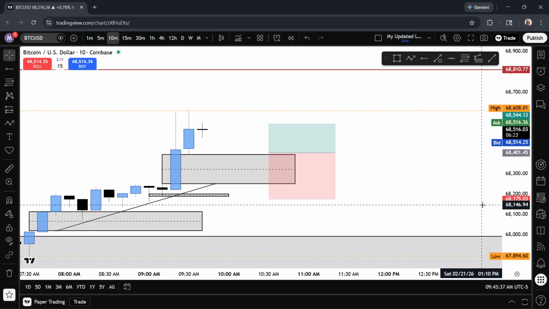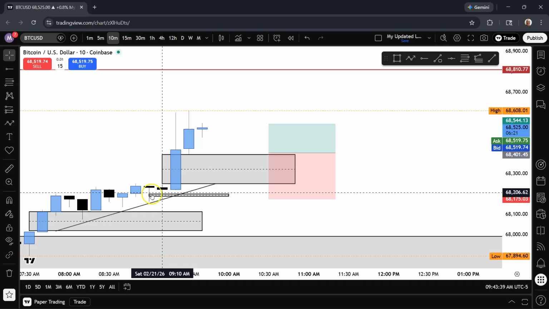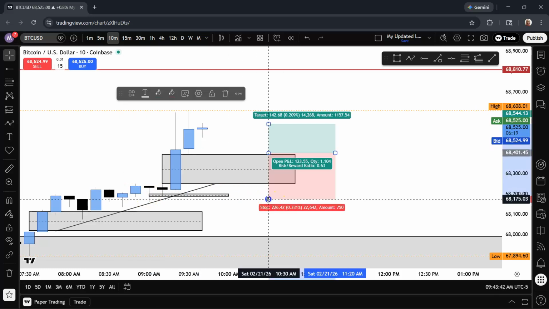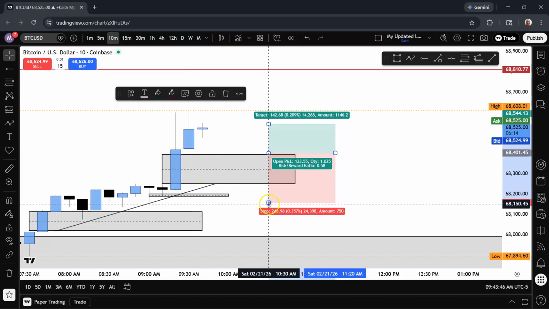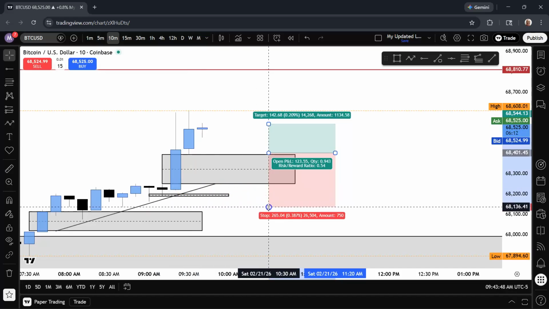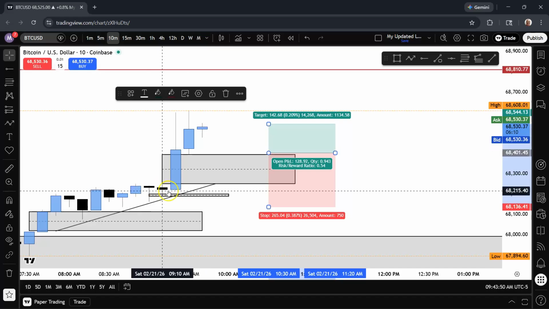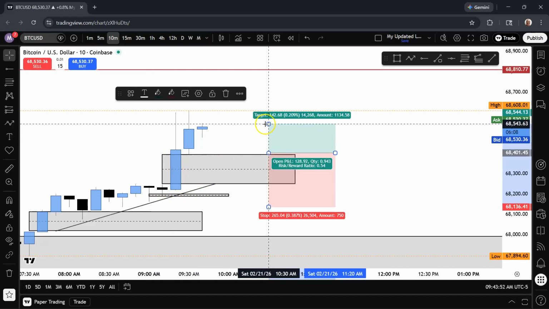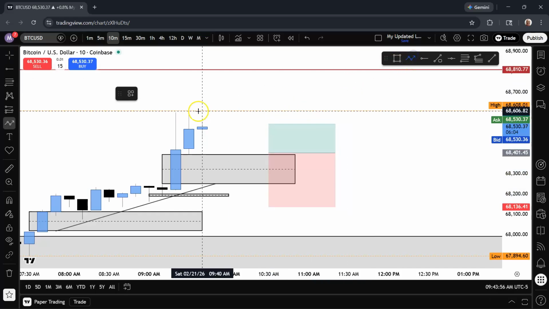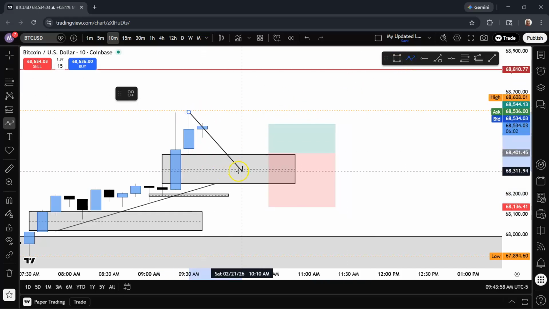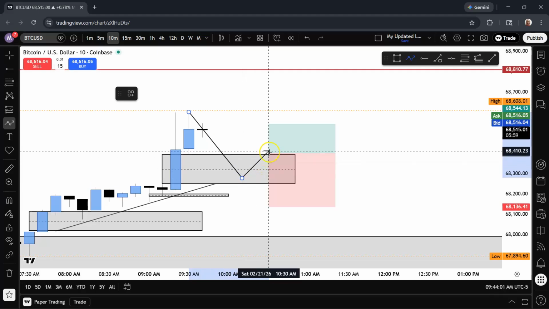The liquidity is down here, so it'll hunt for your stop after it reaches liquidity. So you want to put your stop loss a little bit below liquidity, which is over here, and then you enter the trade when the market goes above the box right here.